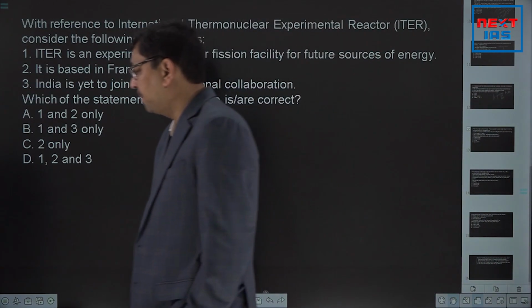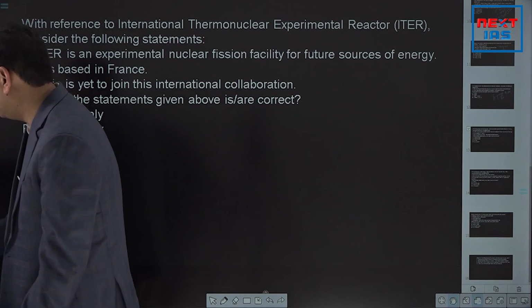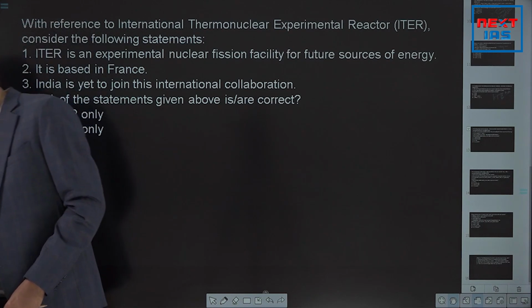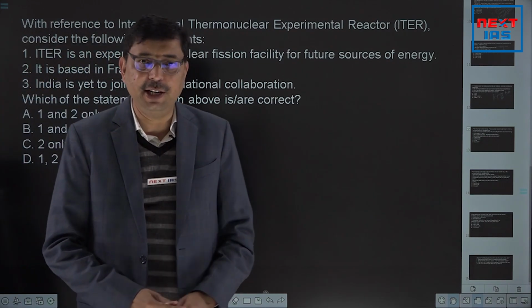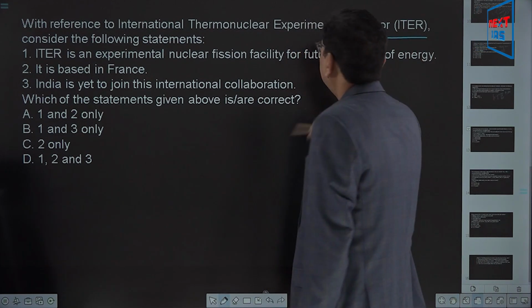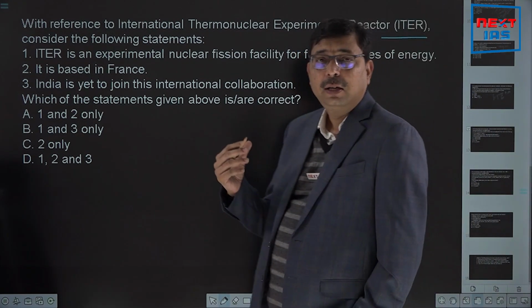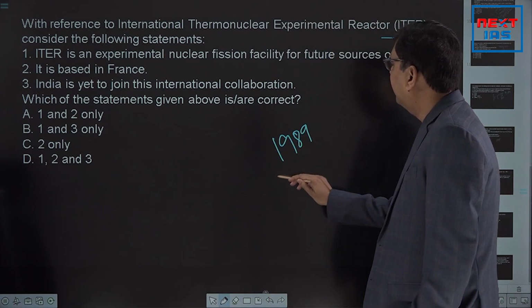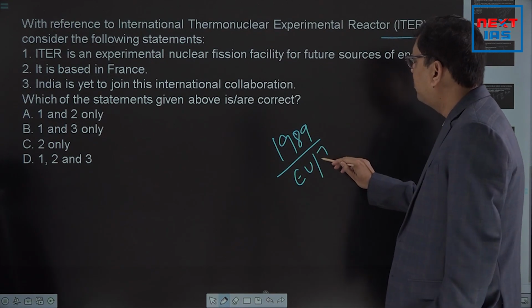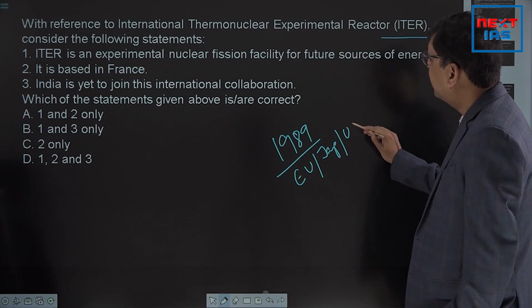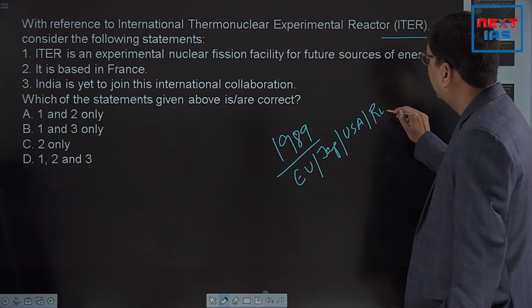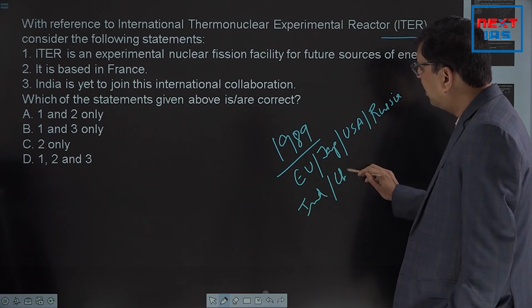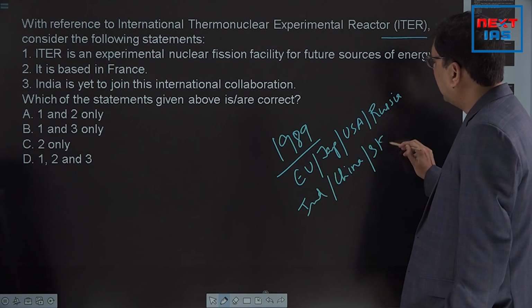This is in the news like anything. International Thermonuclear Experimental Reactor, ITER. ITER is a consortium which was established in the year 1989, has European Union, Japan, USA, Russia, India, China, South Korea as the members.